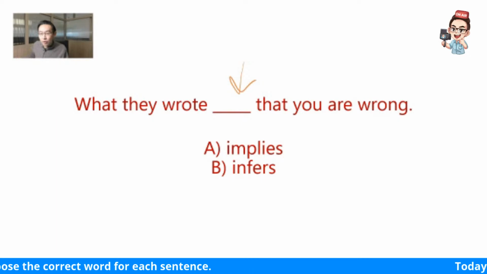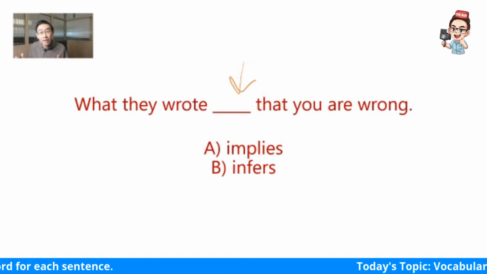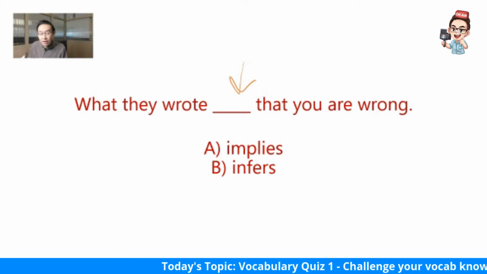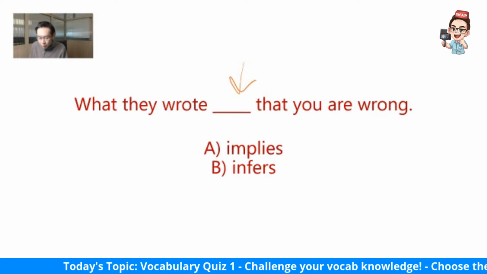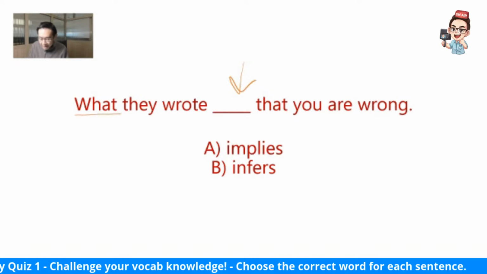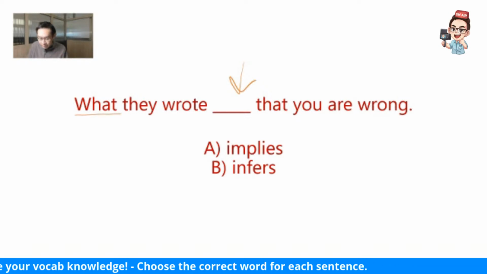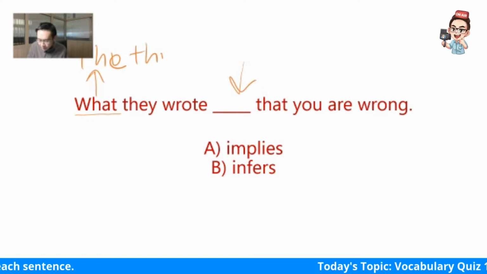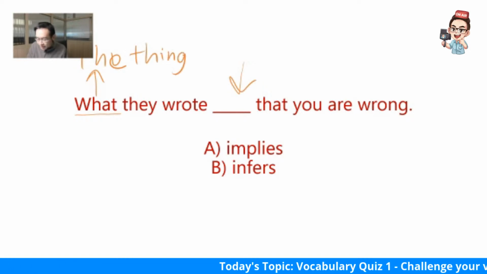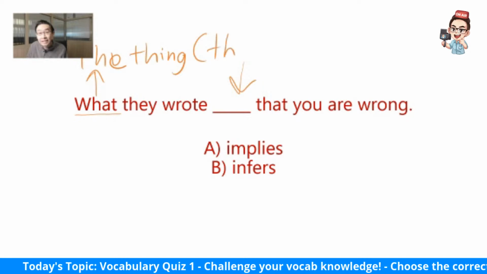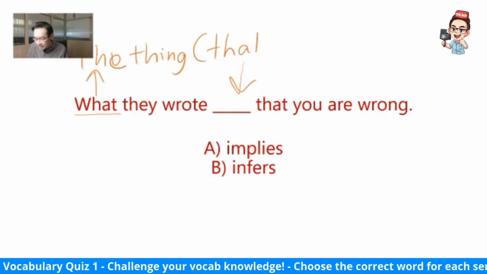Now, before I give you the answer, let's look at the meaning of this sentence first, okay? It says what they wrote. So what here, in this usage, it's like the thing, okay? So I'll just write it here. The thing. And then that's actually that or which, but it's not written in this sentence, okay?